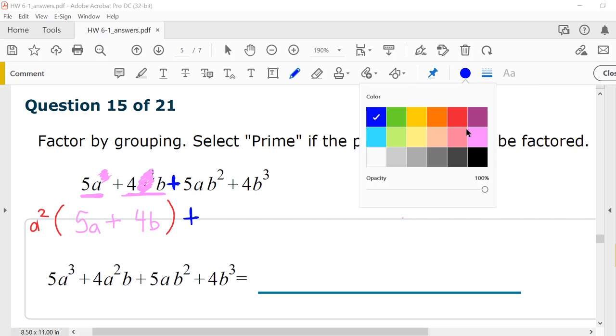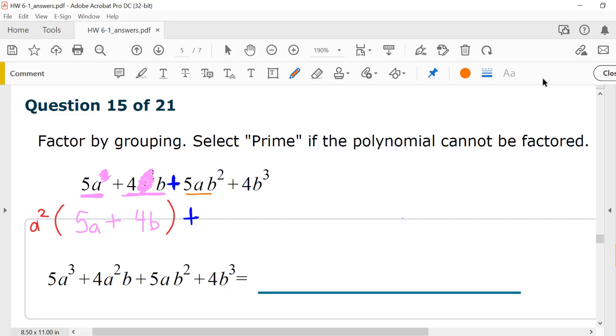Plus. Now I'm going to group these 2 terms together and pull out a GCF. The number is still just 1 that's in common. I don't see an a. Ooh, I see a b squared and a b cubed, so I can pull out a b squared. What remains?